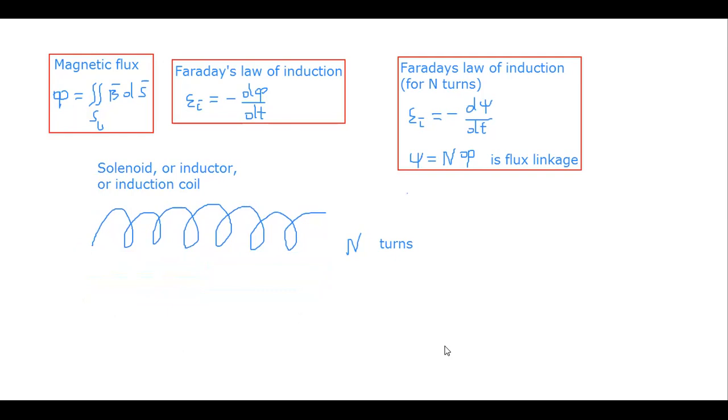Let's consider that it has n turns, and it has length equal to L. That is the length of the inductor with n turns.